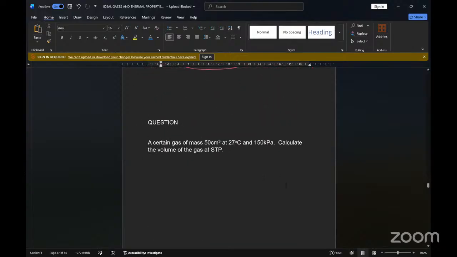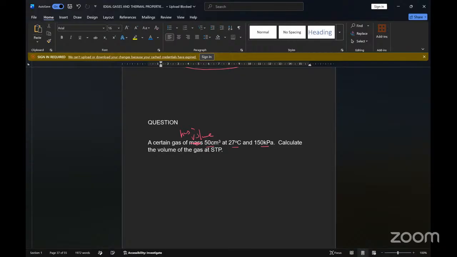I'm just going to answer a question based on that. It says that a certain gas of mass, what mass is that? No, I think the question is wrong. There's no mass here. I think it's volume. A certain gas has a volume, I think it should have written, has a volume of this, at this temperature and pressure.